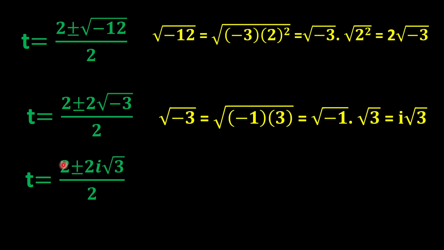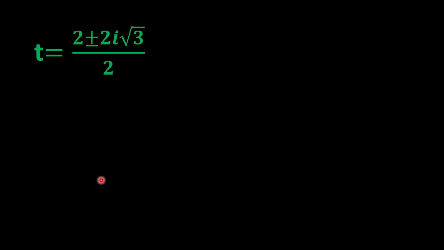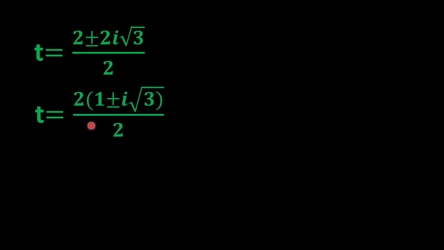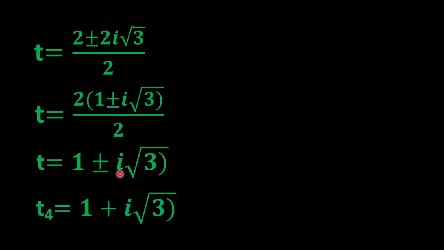Overall our equation will become 2 ± 2 iota √3, and now we will take 2 as common from here. The remaining term will be 1 ± iota √3 divided by 2, and now this 2 will cancel this 2. So the equation will become 1 ± iota √3.